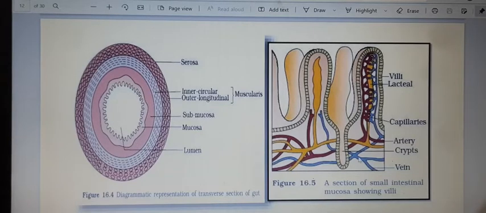So in the villi there are lacteals, yellow color, that is the lymph vessels, then capillaries, then red color is showing the arterial capillaries, and blue color is showing the venous capillaries. So this is how the villi is having network of blood vessels.